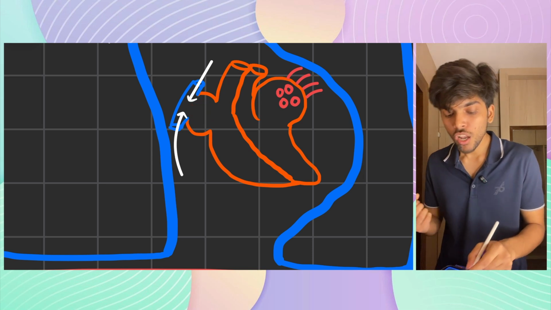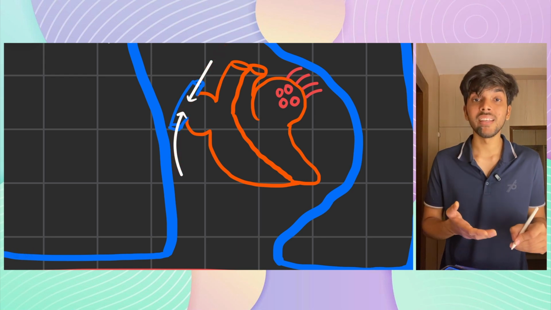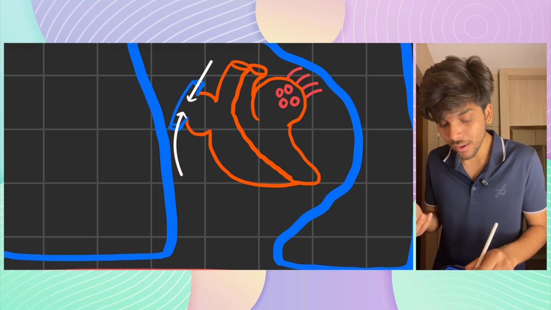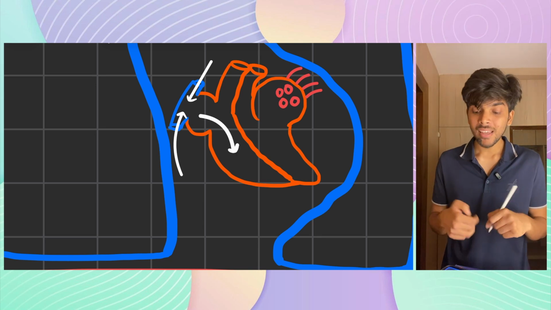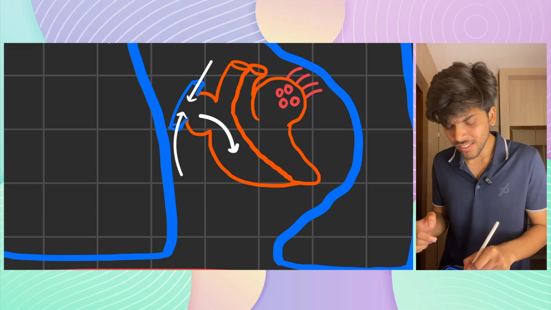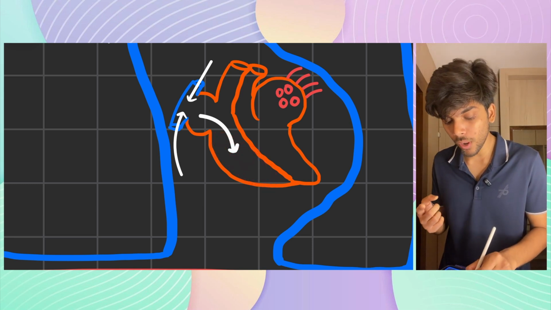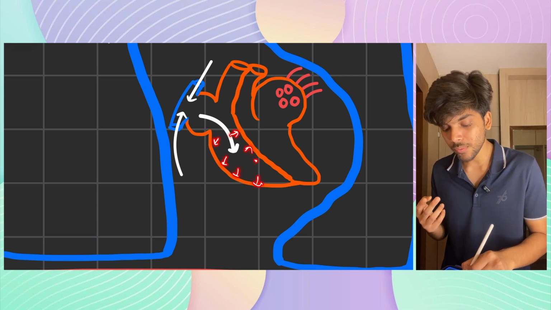As a result, lots of blood gets sucked into the right atrium. That is, there is an increase in preload. This lot of blood then flows into the right ventricle. Inside the right ventricle, this blood is going to push against, number one, the free wall, and number two, the interventricular septum.